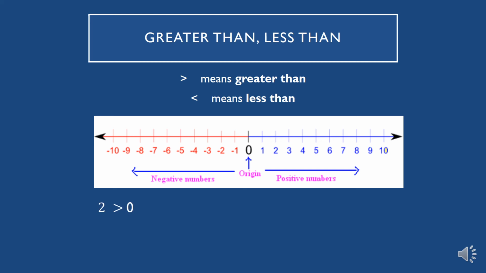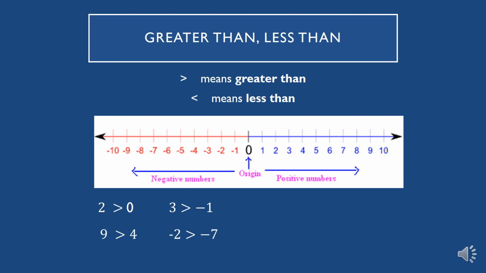So for example, the number 2 is here. It is greater than 0 because 2 is to the right of 0. 9 is here and it is to the right of 4. So we read 9 is greater than 4. Number 3 is here. Minus 1 is here. So 3 is greater than minus 1. It's to the right of it.